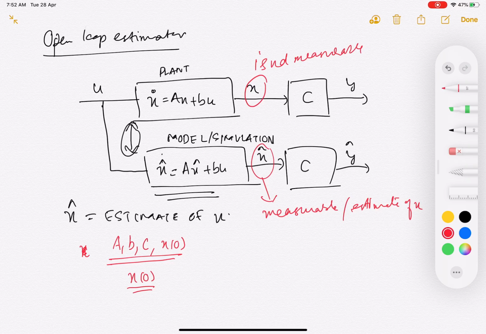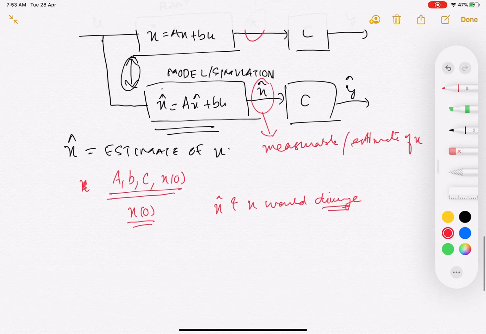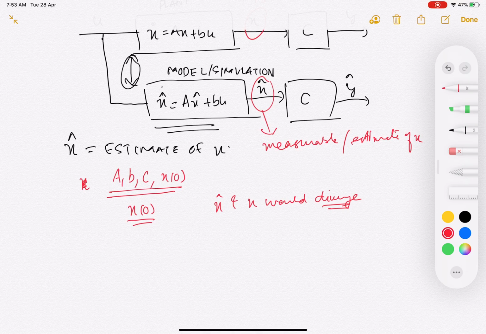If the knowledge of x0 is wrong initially, even by a little bit, then your x hat and x would diverge. And this is very obvious because your system starts behaving onwards from the initial conditions, right? Even in the state equation, you see that x0 is present.